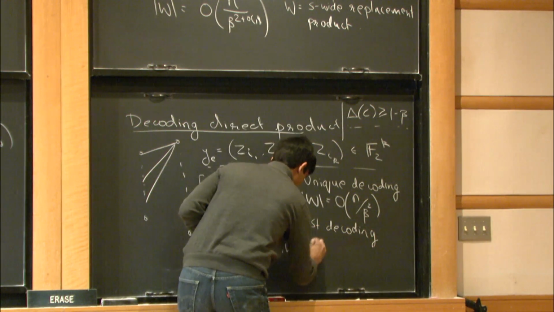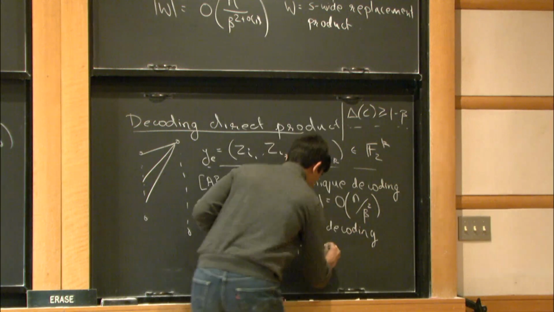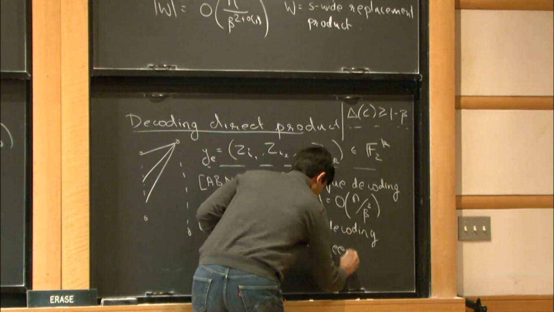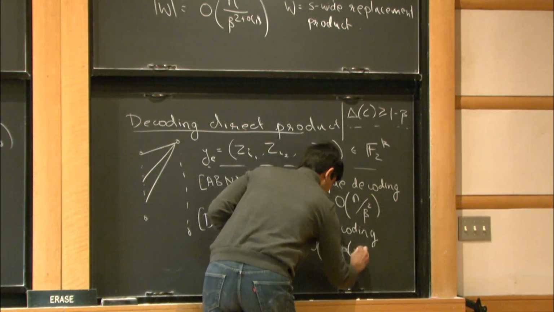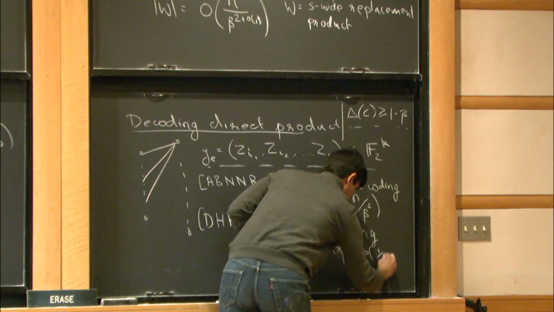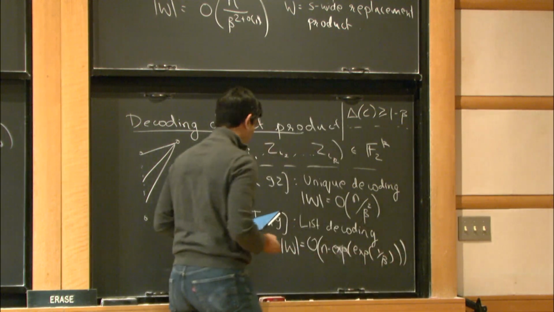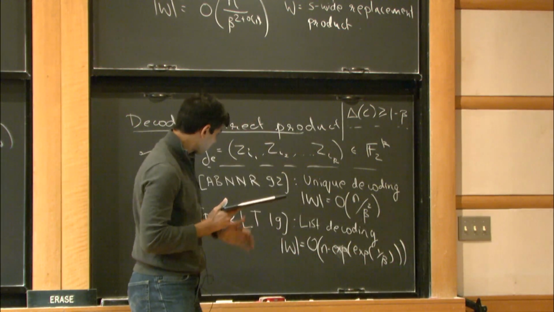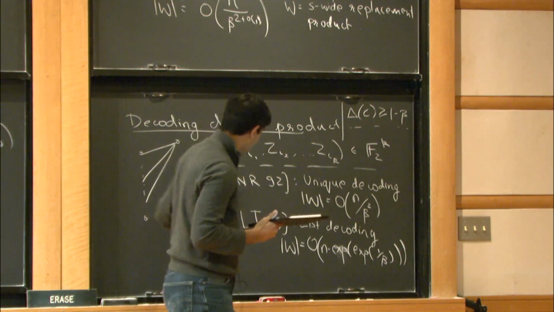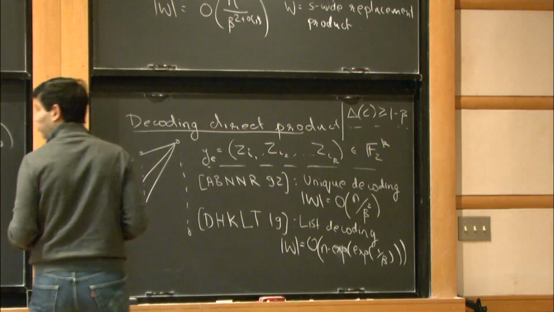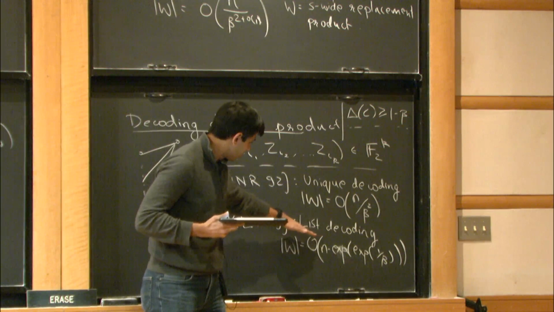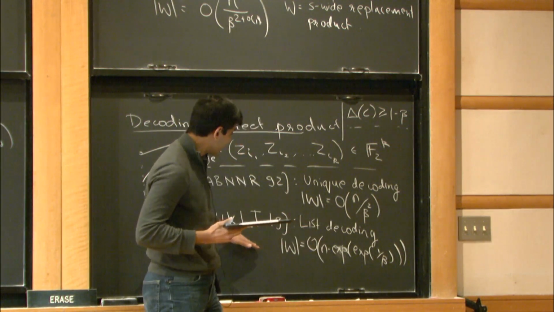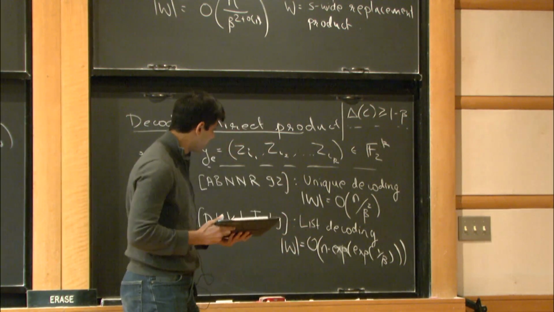This holds when W is doubly exponential in beta. In the list decoding setting, if you can do list decoding for the codes which come from this parity operation, or direct sum, you can also do list decoding in the direct product regime, and then there is a standard reduction.